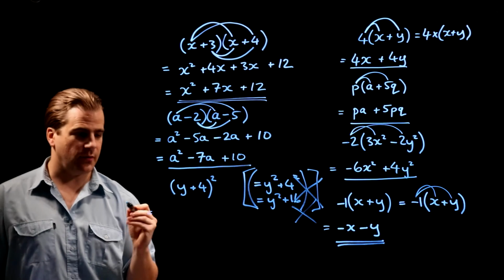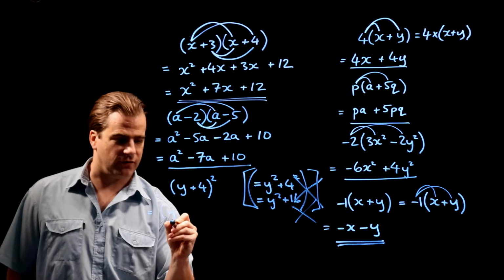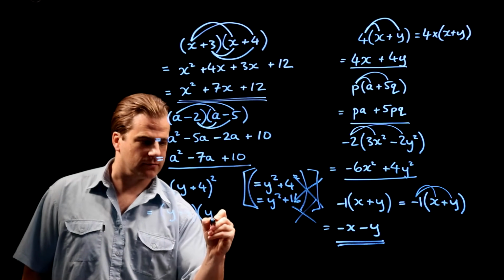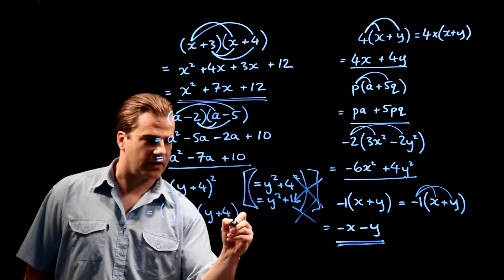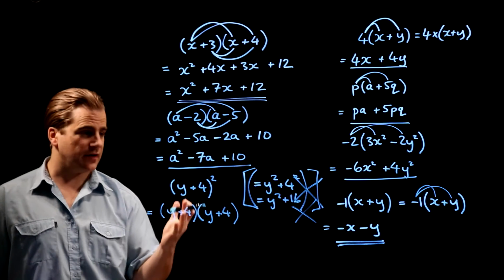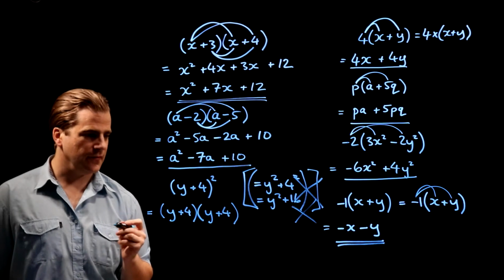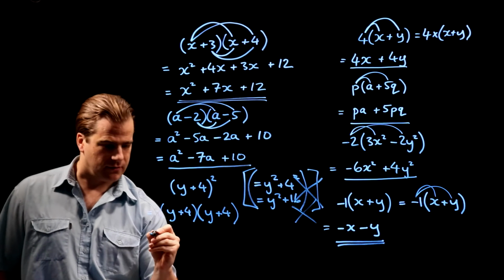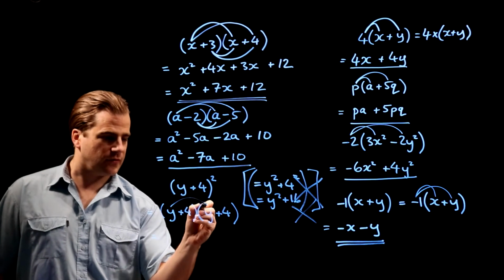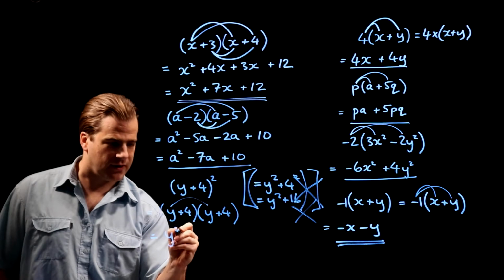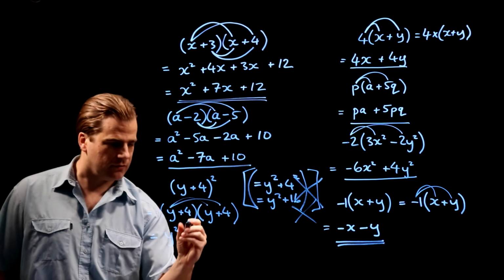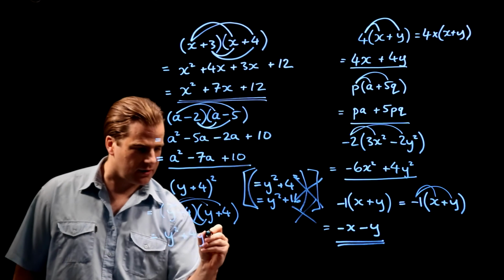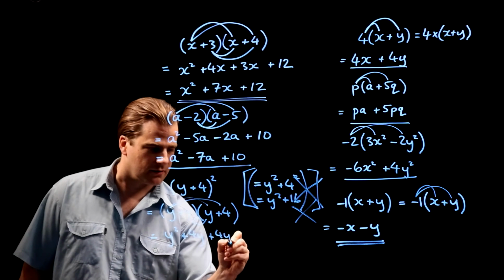y plus 4 all squared means y plus 4 times y plus 4. Like that, okay? There's no shortcuts, you have to write it out. And now we're back to here. You just do standard bracket multiplication. So, y times y is y squared. y times 4 is 4y. 4 times y is 4y.